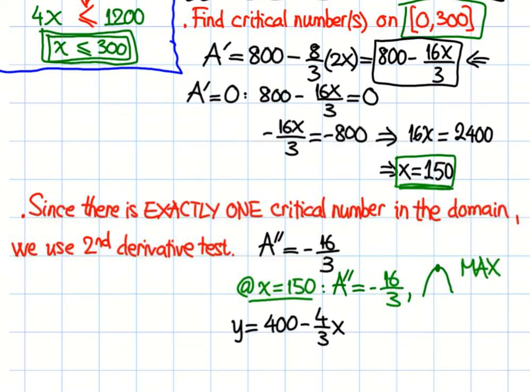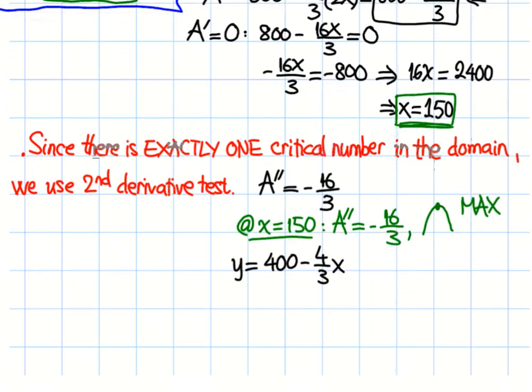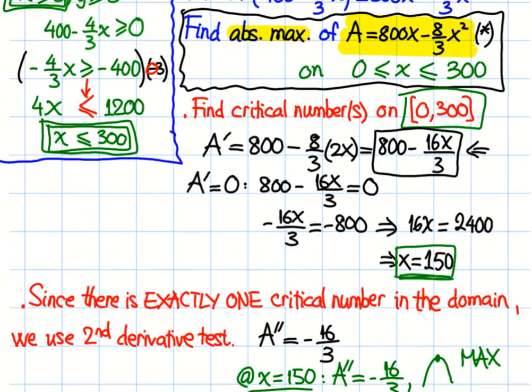Or we find y equal to 400 minus 4 over 3x and substitute 150 into it: 400 minus 4 over 3 times 150. The 3 and 150 cancel out, that's 50, so that should be 200. So we have x is 150 and y is 200.